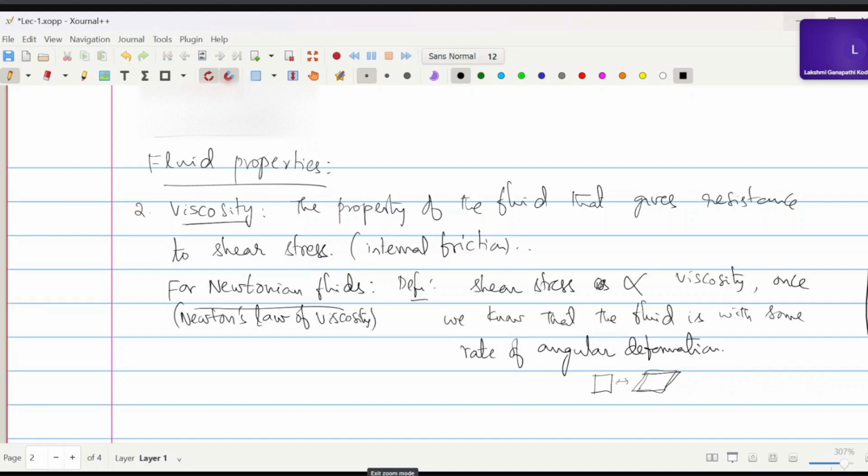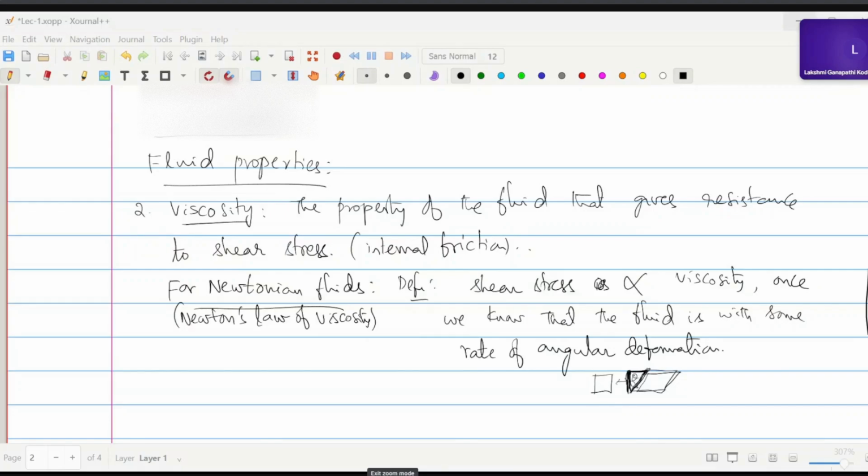So in a unit time, what is the rate of angular deformation? It was initially like this and this piece becomes this one, through an angle theta. The change in velocity divided by this length is actually the angular deformation.